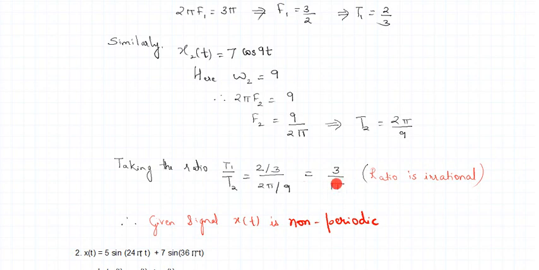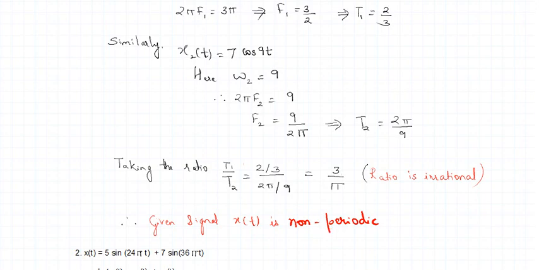Hence T1 by T2 did not result in a ratio of two integers. Therefore, it is not a rational number, and we say the ratio is irrational. If the ratio is irrational, we conclude that the given signal x(t) is a non-periodic signal.